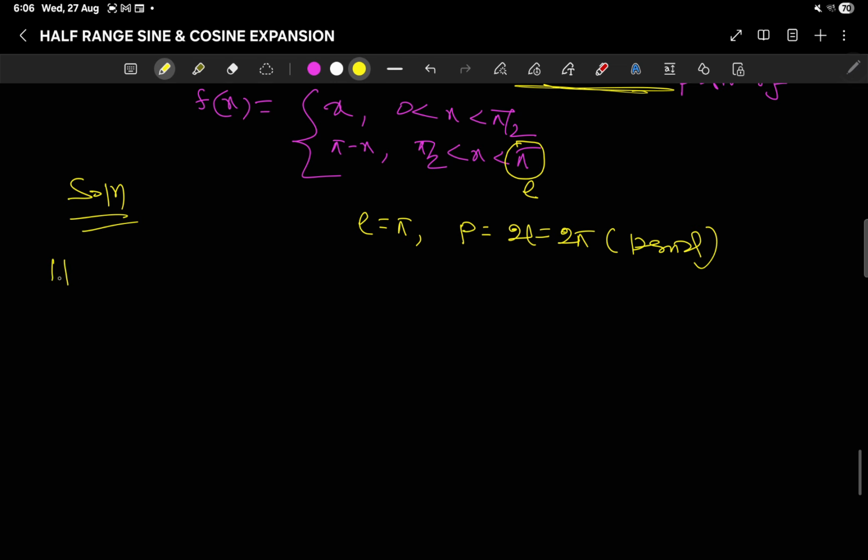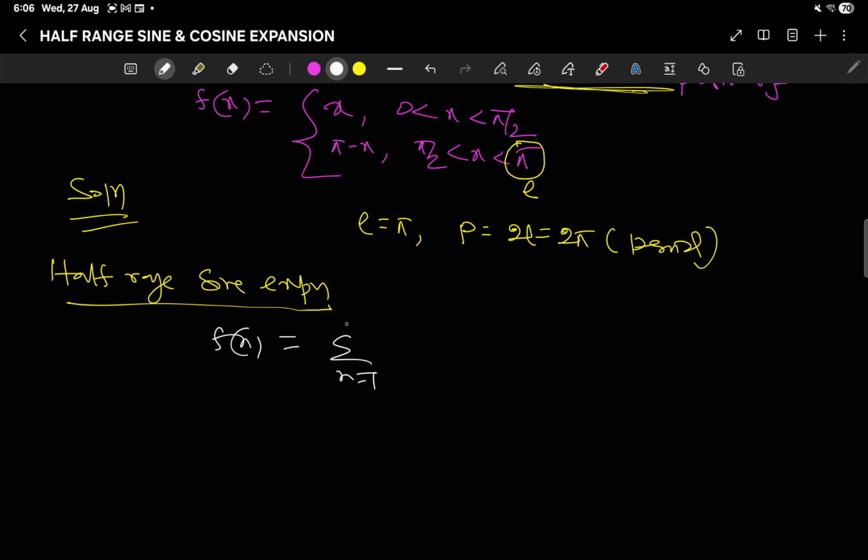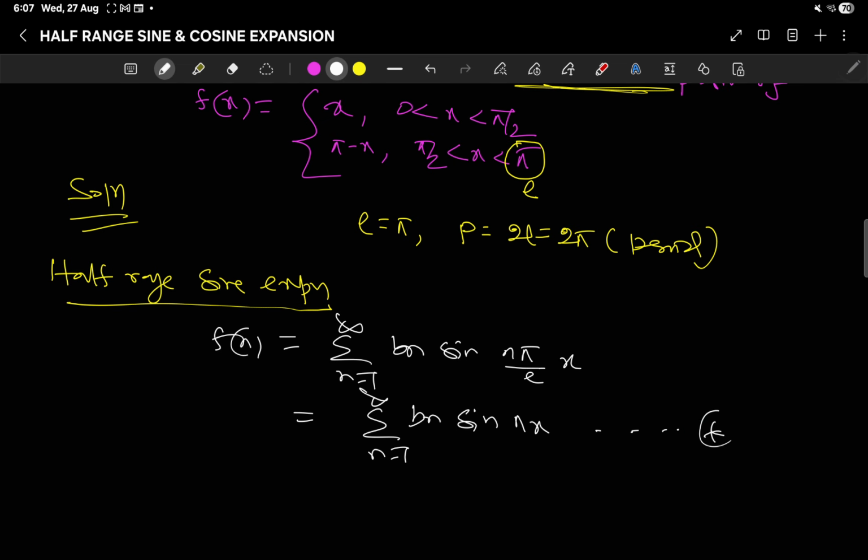Now coming to half range sine expansion, here f(x) is summation n is equal to 1 to infinity B_n sine n pi by L x. So this is here summation n equal to 1 to infinity B_n sine, L is here pi, so it is simply n x, right? Let it be my equation star.